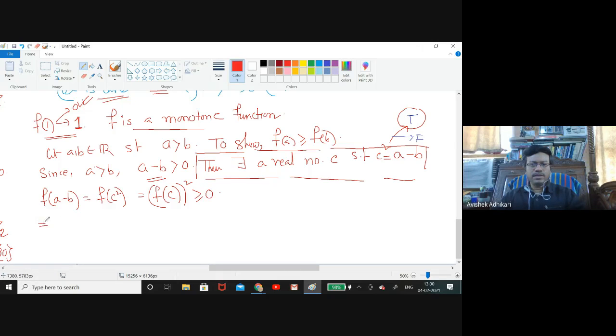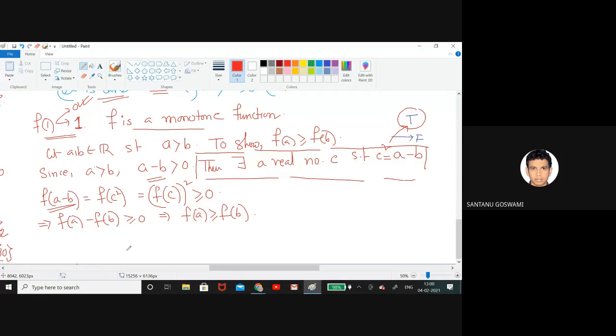That implies, since this is a ring homomorphism, I must have f(a) minus f(b) greater than or equal to 0. That implies f(a) is greater than or equal to f(b). Till now, any ambiguity, any question? Any step where I did something wrong, or where I need to put some condition?